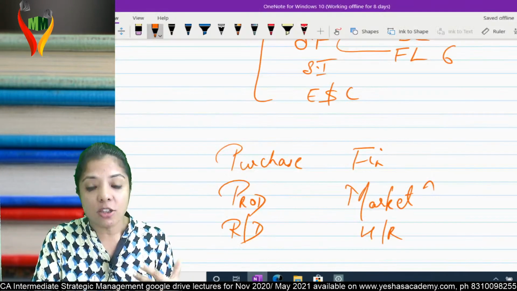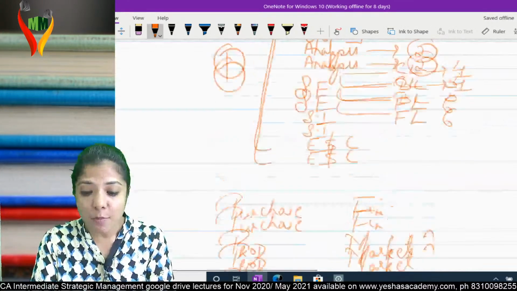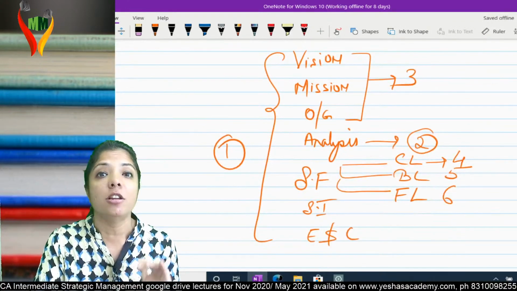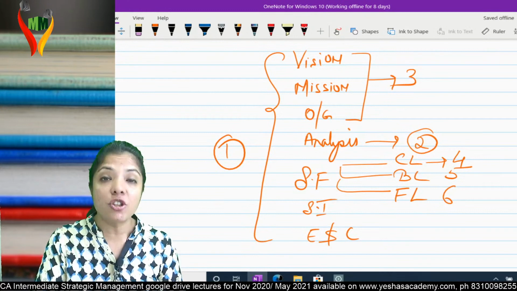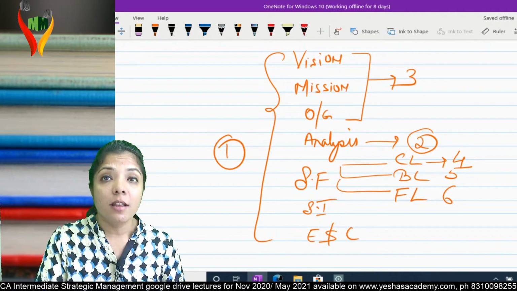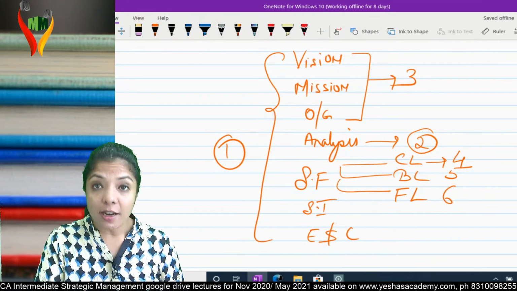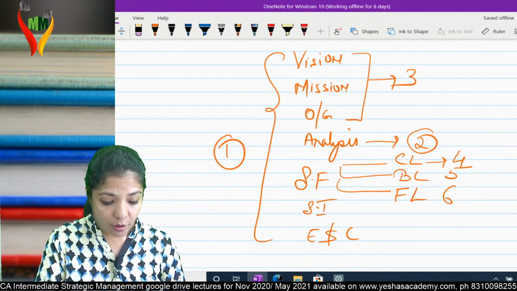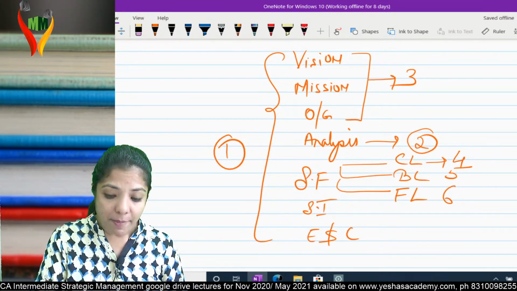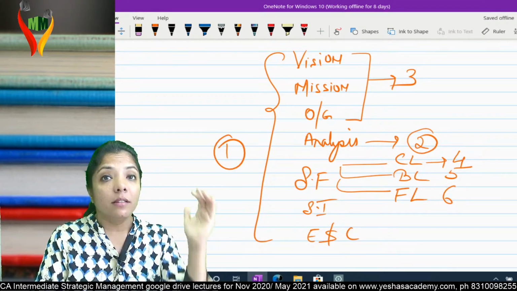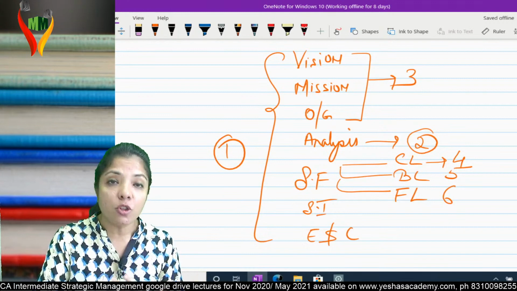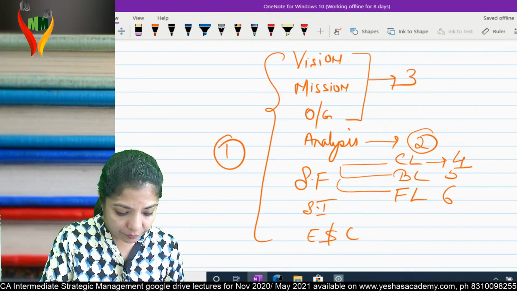And why is the 6th chapter functional level strategy? Because this is the definition of strategic management: vision, mission, objectives and goals, analysis, formulation, implementation, evaluation, and control. This overview of the definition has been given to us in chapter 1.